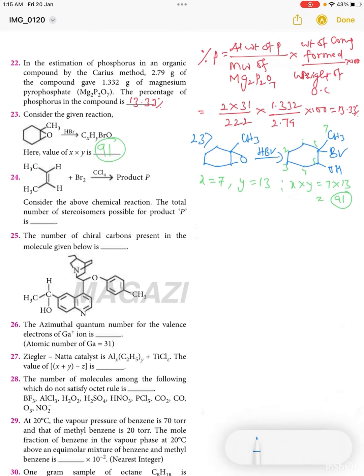Next, 24th. In this reaction, when 2-butene is treated with bromine in presence of CCl4, we'll get 2 isomers. How many? 2 isomers are formed, and here anti-addition will take place in this reaction.